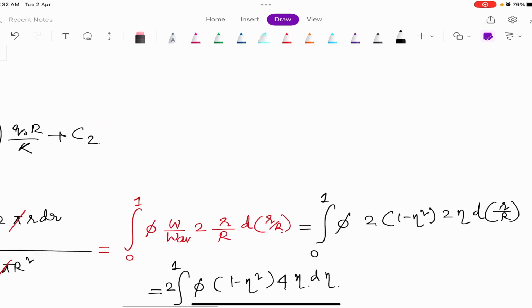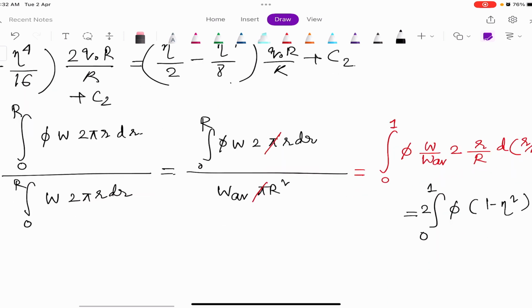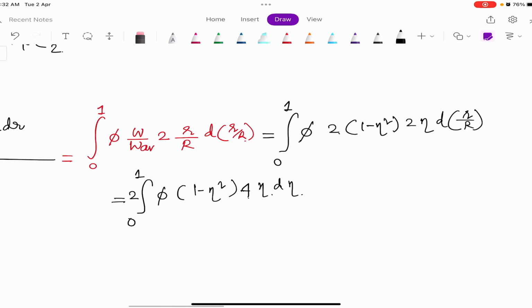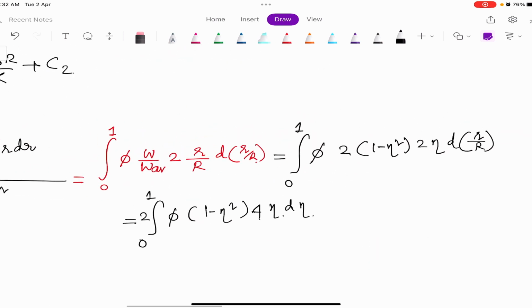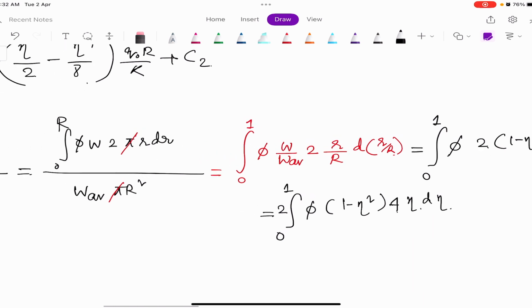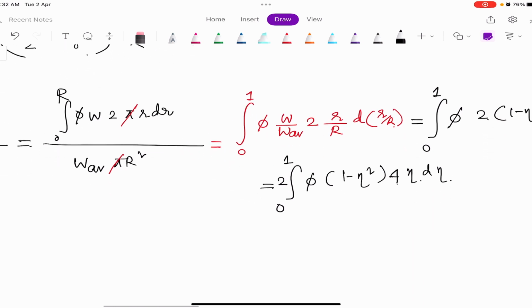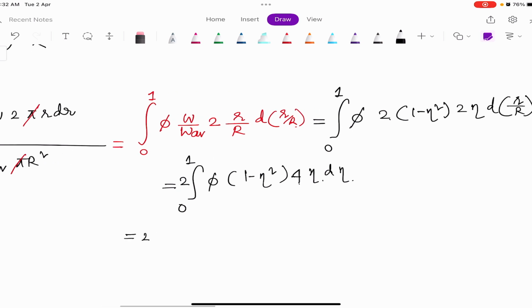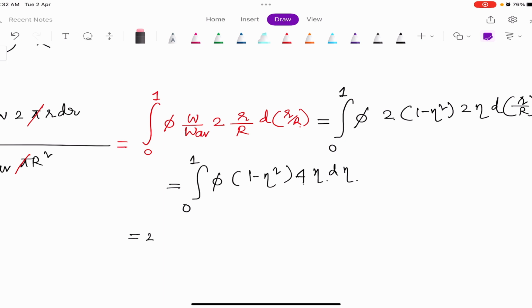We also have the expression of φ in terms of η, so this is just a polynomial integration. If I put the expression of φ here, I have written 4, so let me not write this 2.